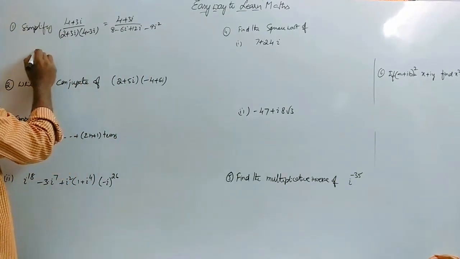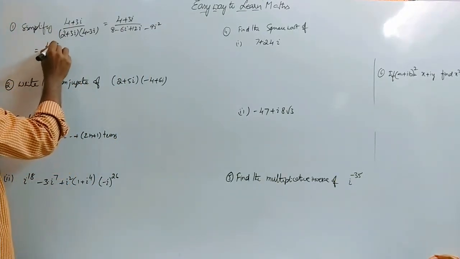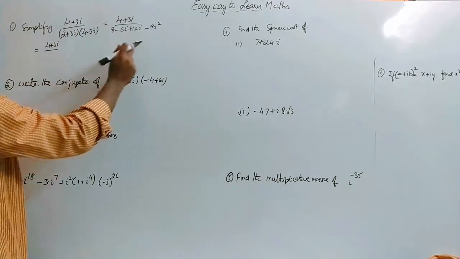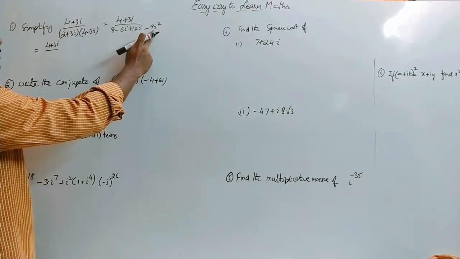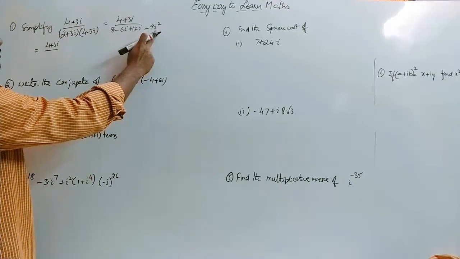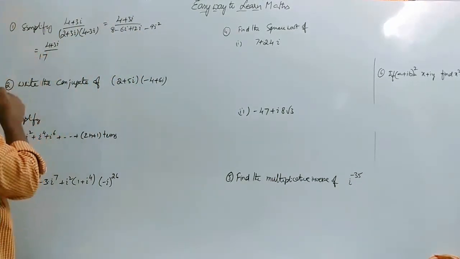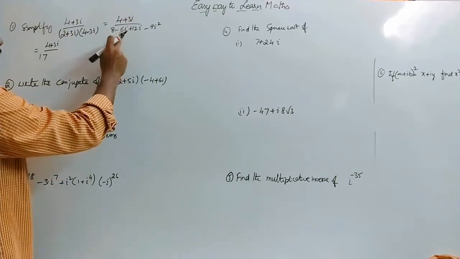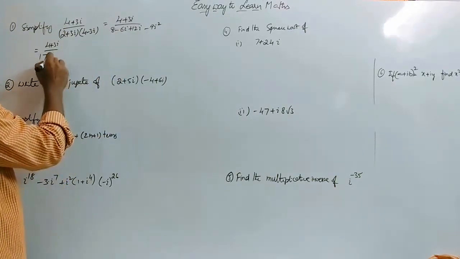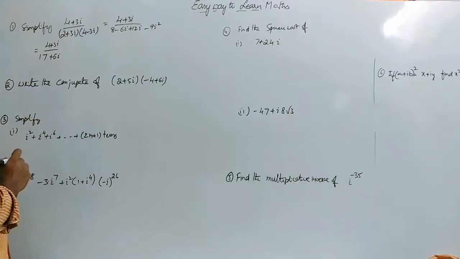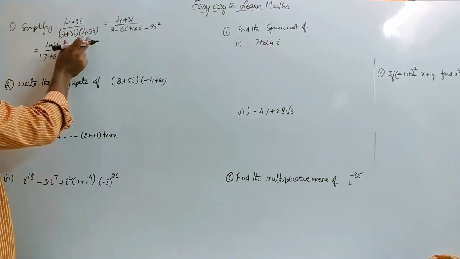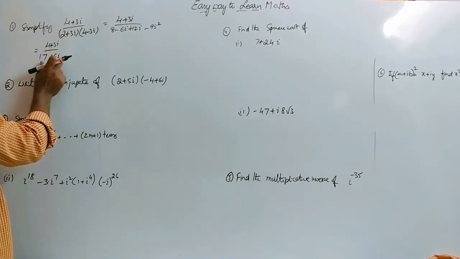Therefore, that is equal to 4 plus 3i by, here i square is minus 1, so minus 9 into minus 1 is plus 9. Plus 9 plus 8, 17. Here plus 12i minus 6i is plus 6i. Now, after multiplication it becomes only a single complex number.